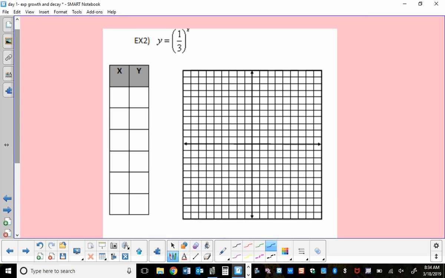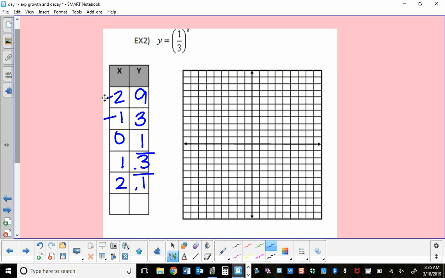Try to get as many nice points as we can. -2, what do you guys get for your y value? 9. -1, 3. 0, 1. 1, 1/3, the 3 repeating. Just show it like that, and then 2, you should have 0.1 repeating.